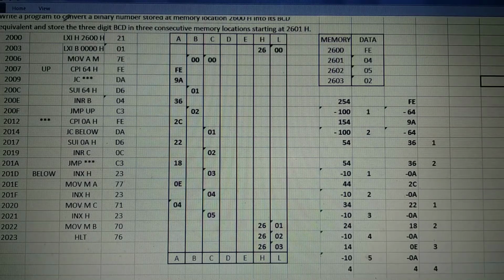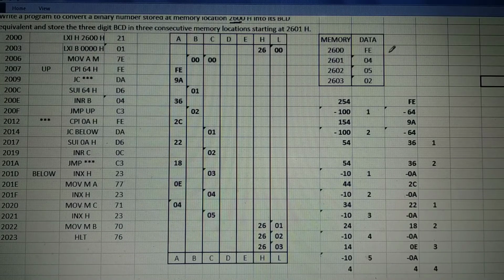Write a program to convert binary number stored at memory location 2600H into its BCD equivalent and store 3-digit BCD in 3 consecutive memory locations.